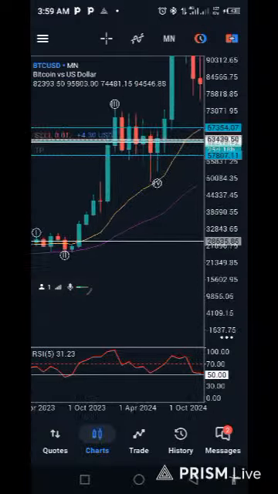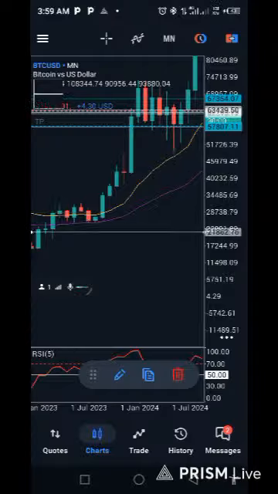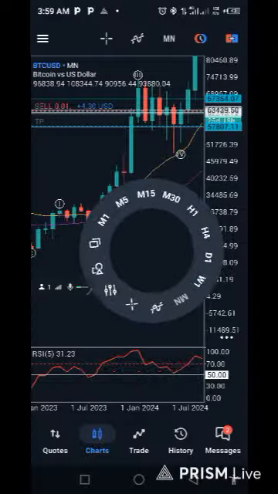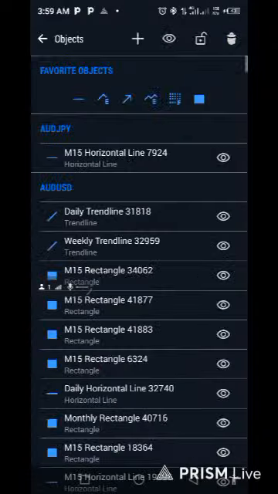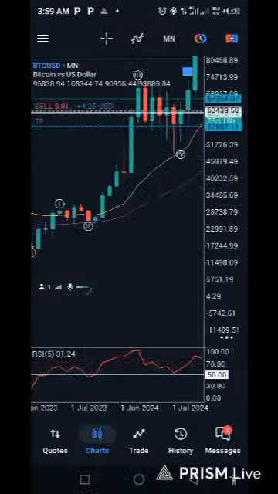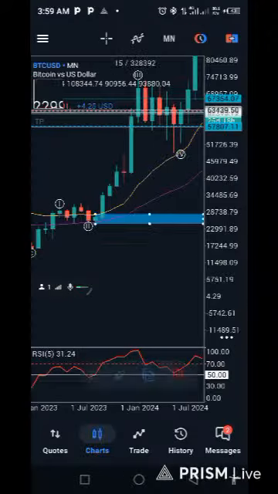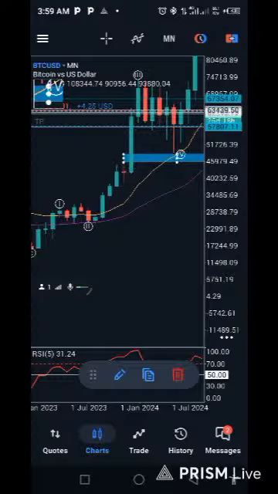This is an order block here. Let me use a box to mark it. On the monthly time frame, there's an order block here. This one has been mitigated already by this line.